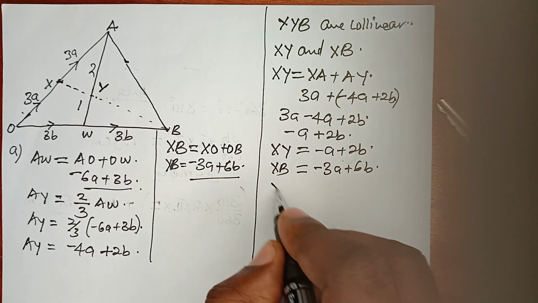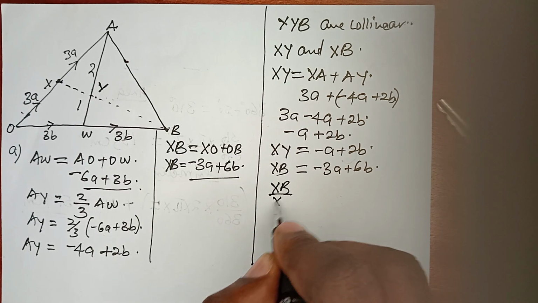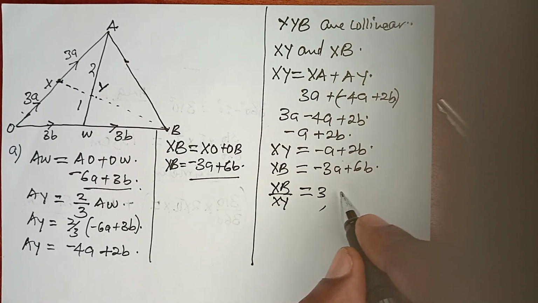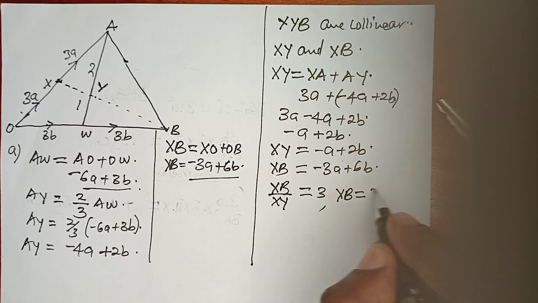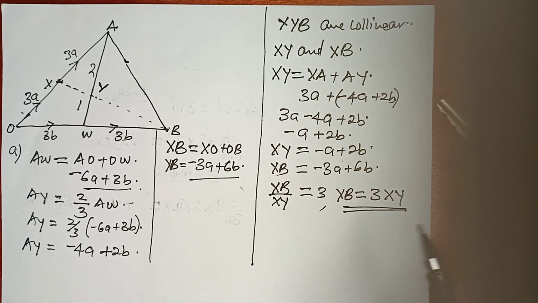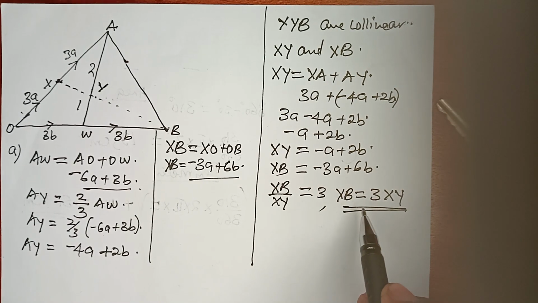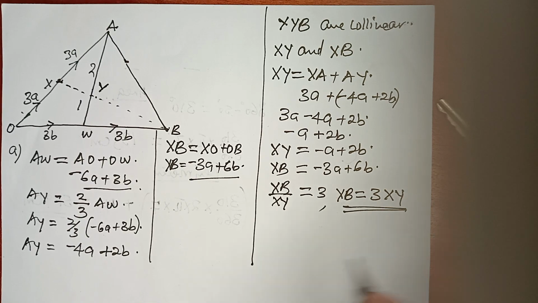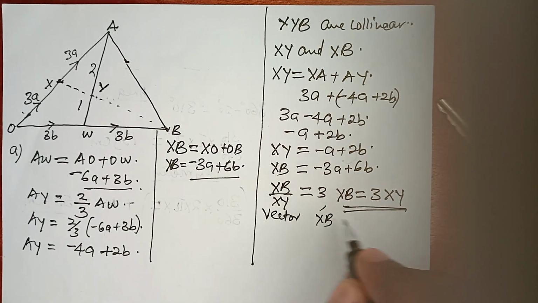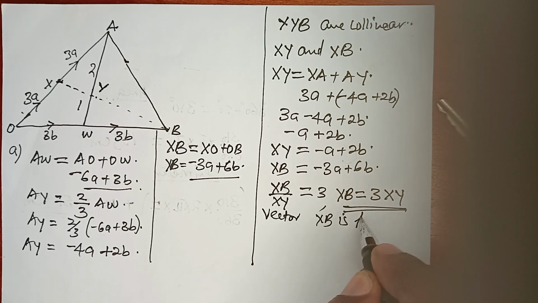So generally we can say XB over XY is equal to 3, giving us XB is equal to 3XY. Now that these two vectors can be expressed as scalar multiples of each other, then we can say vector XB is parallel to vector XY.